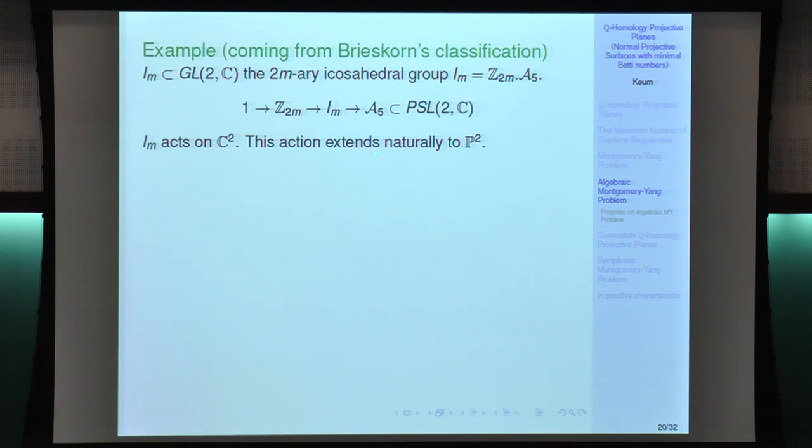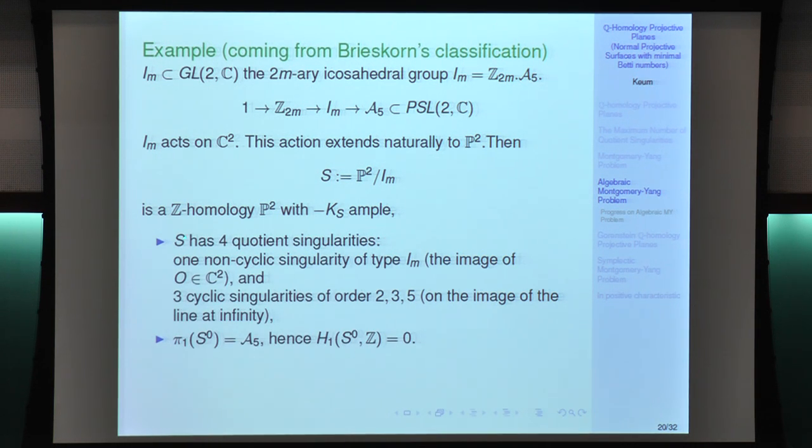You just extend, and then think about the quotient. And then this one is a Q-homology P2 with negative K_S ample, because this is a quotient of P2. So there's no torsion in first homology and minus K_S is ample.